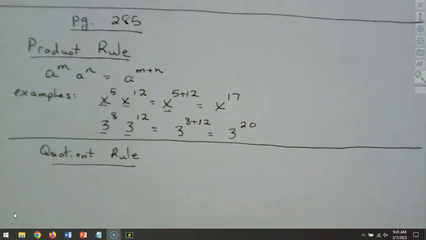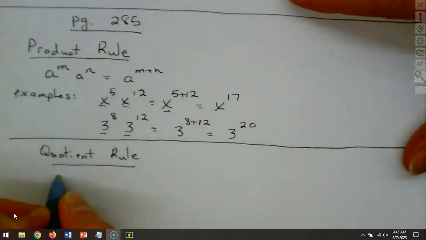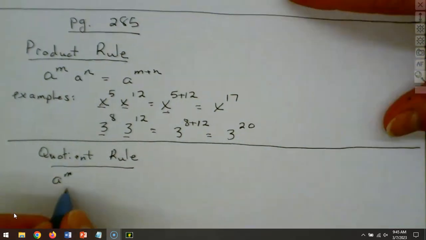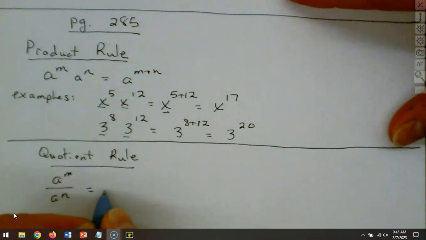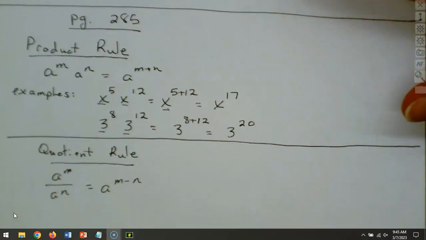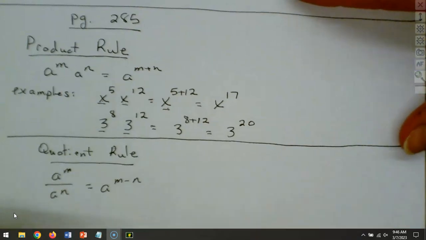When we divide, they're going to do what, do you think? What's the opposite of addition? Subtraction, right? So, they're going to subtract. So, when you divide, the exponents then subtract. So, the rule is a to the m over a to the n is a to the m minus n power. Okay, so let's look at some examples here.